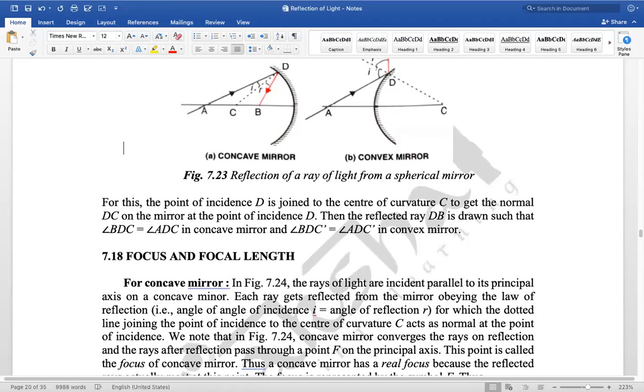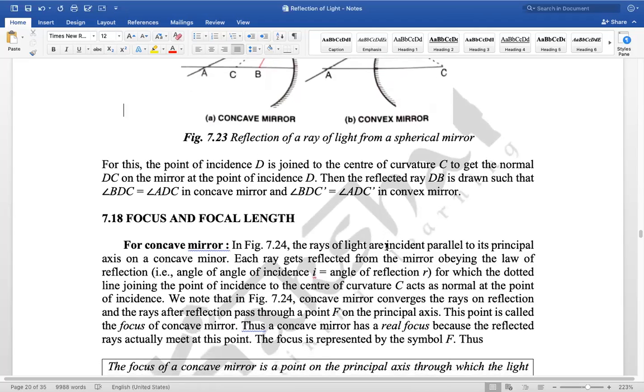For this, the point of incidence D is joined to the center of curvature C to get the normal DC on the mirror at the point of incidence D. Then the reflected ray DB is drawn such that angle BDC is equal to angle ADC in the concave mirror, and angle BDC dash is equal to angle ADC dash in the convex mirror.